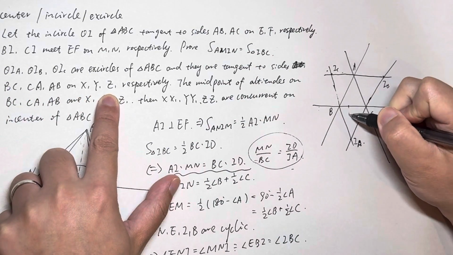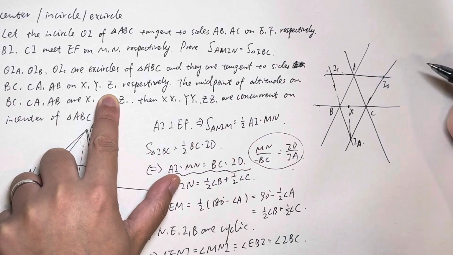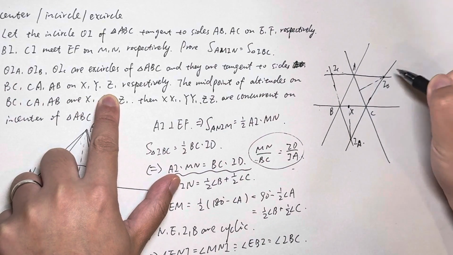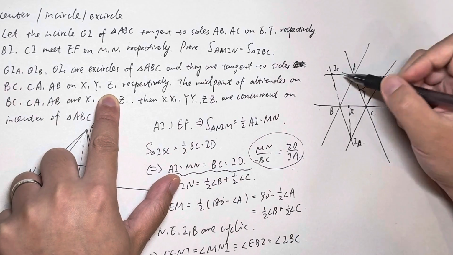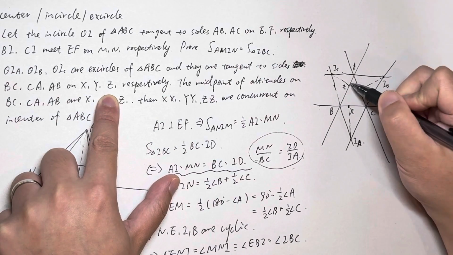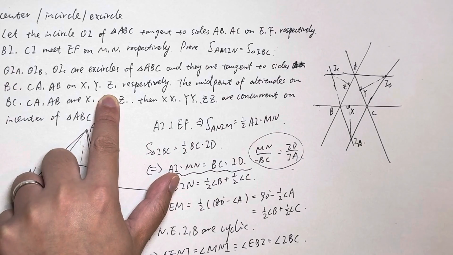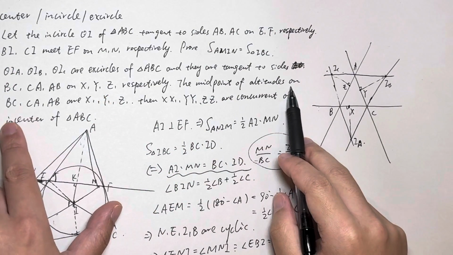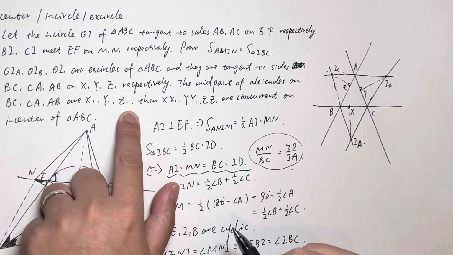So we know that this point is X, this point is Y, and this point is Z. The midpoints of the altitudes on BC, CA, AB are X1, Y1, Z1.